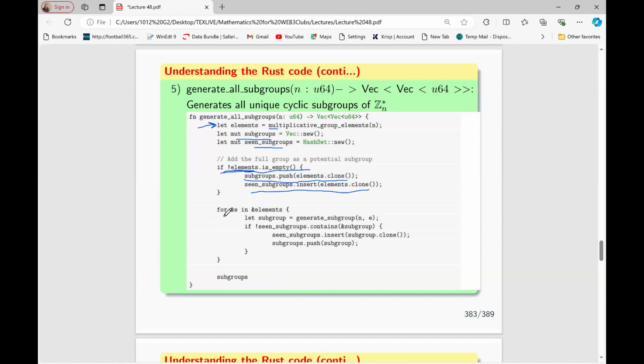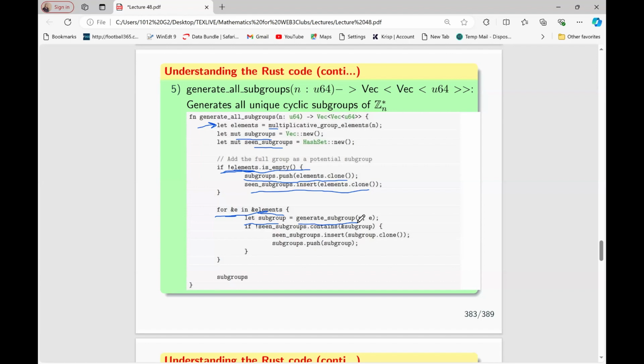Once that is done, it says here, for every E in the elements, let the subgroup, then it calls for the generate subgroup function.